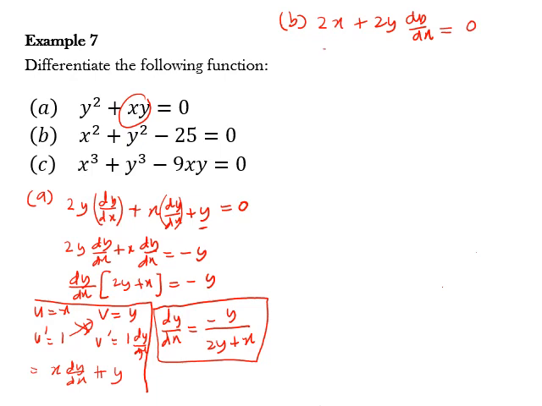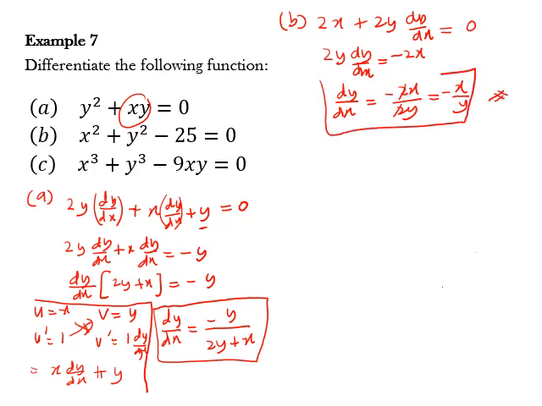So now will be 2y dy/dx equals negative 2x. We move to the right, and then we are left only with dy/dx equals negative 2x over 2y. We cancel the 2, so dy/dx equals negative x over y. Okay, that's it.